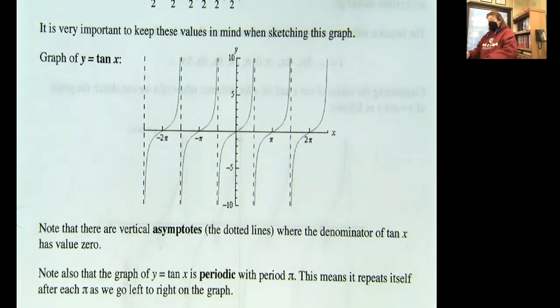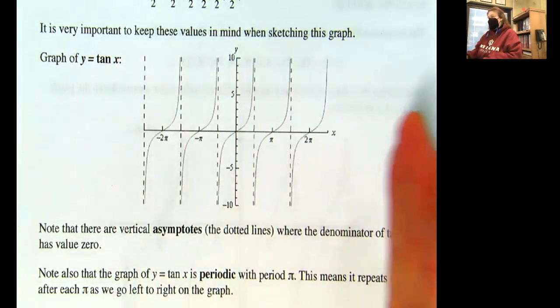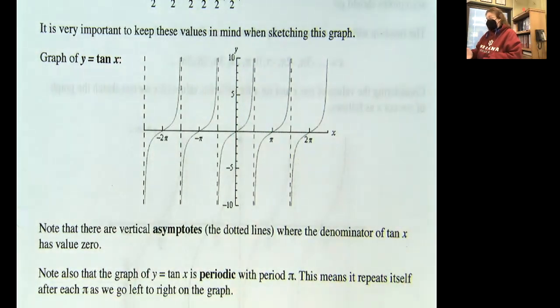I'm not going to get overly obsessed with you calculating that domain, but I want you to understand that there are values being skipped in the domain for the cotangent and tangent graphs because of those vertical asymptotes.